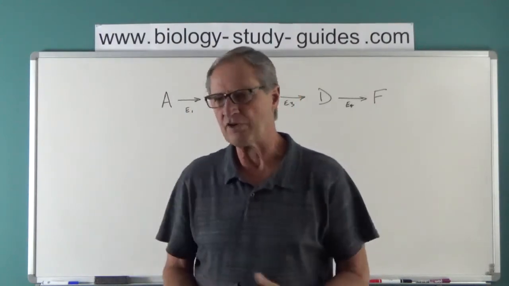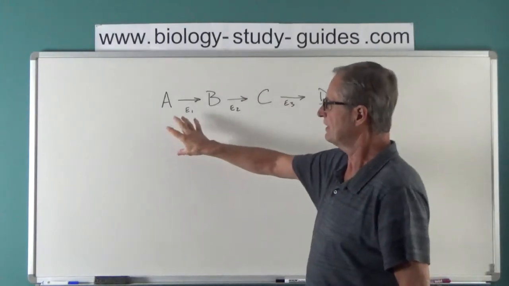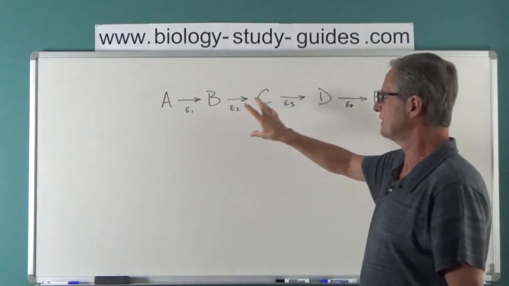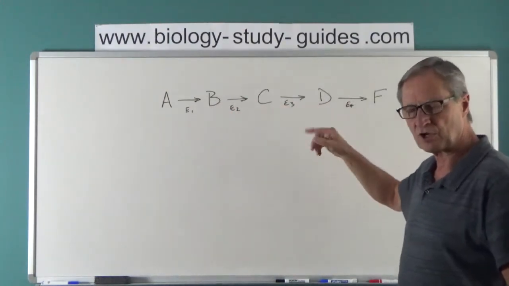In the previous video, we considered a metabolic pathway, something like this, where a substance, we'll call it A, is a substrate, which gets converted into B, which gets converted into C, D, F, all with different enzymes along the way.